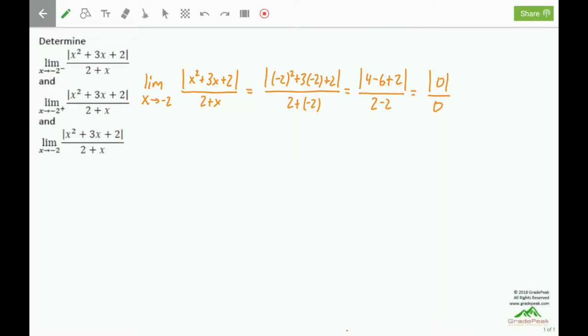Since the limit resulted in a 0 within the absolute value symbols, it is required to work out each side of the limit separately.